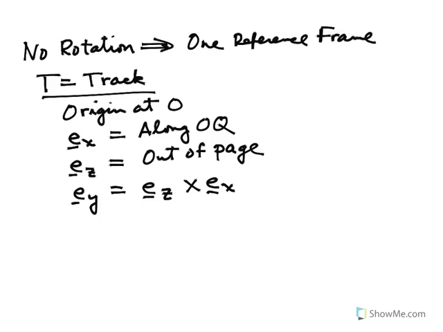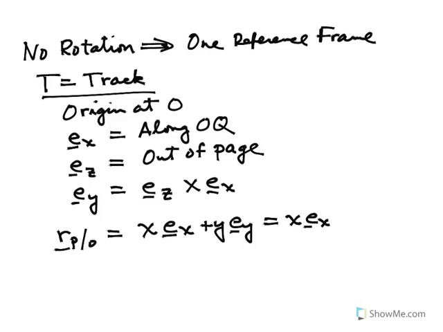Now in this case, the position of point P relative to O is going to equal x EX plus y EY, where y is equal to x squared over 2b. So that's our expression for the position.